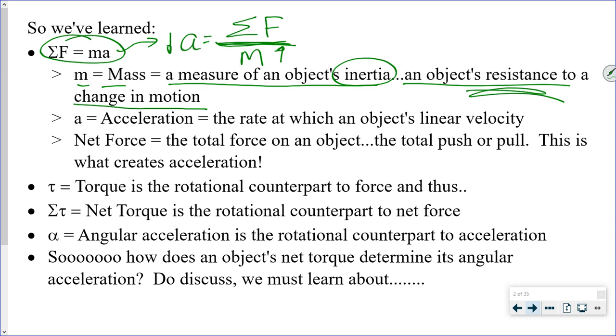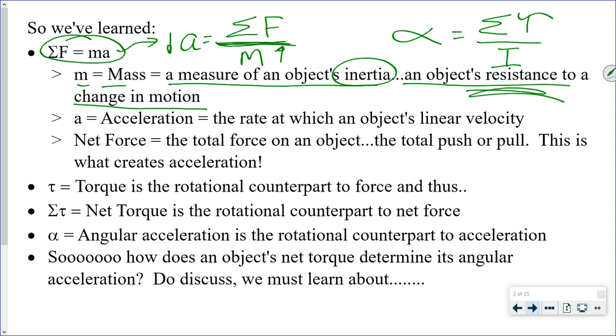So recently we've been talking about angular acceleration, and we've learned that that is produced by a net torque. Well, it turns out that there is an angular counterpart to mass, and that angular counterpart to mass is called rotational inertia.